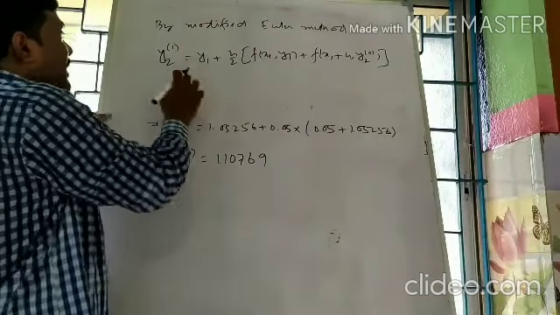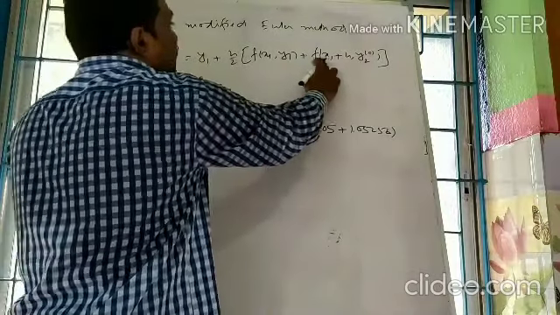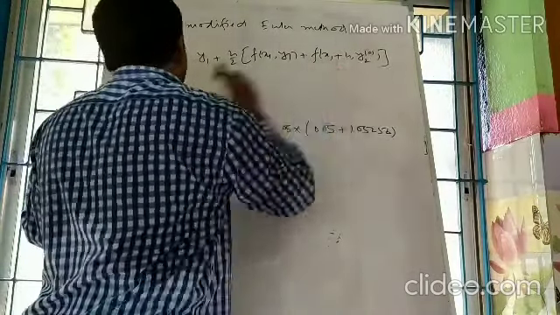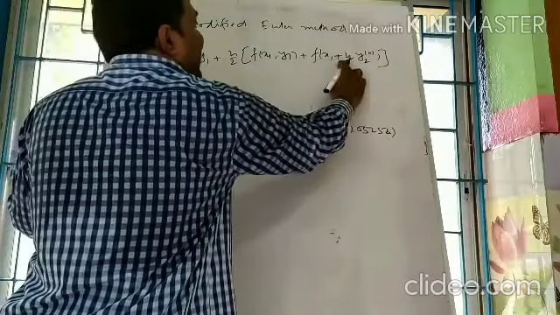y2 1 is y1 plus h by 2 f of x1 y1 plus f of x1 plus h y2 0. Okay, y2 0, the first approximation of y2, is f of x1 plus h plus y2 0.